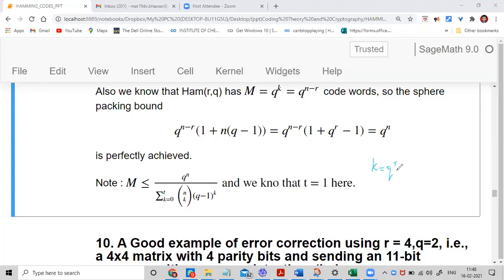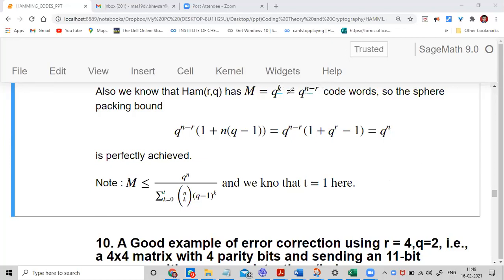When you substitute the n value in terms of R, then it becomes 2 power R minus 1 minus R. Somebody may be confused, that's why I'm telling that. Yeah, Q power R minus 1. Is it clear? Actually k is n minus R, right? Is it okay, everyone?